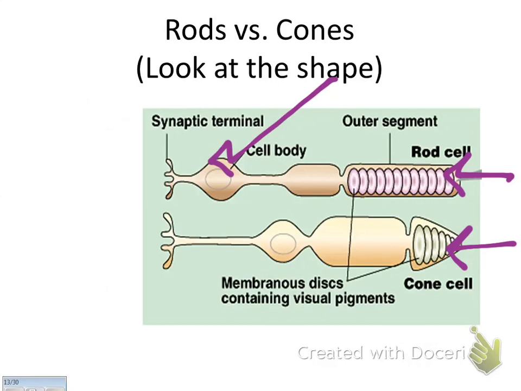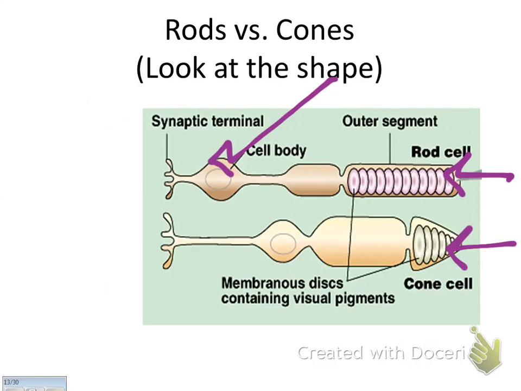Okay, so light comes in, hits the rod, changes shape, and that depolarizes the neuron. You got it?